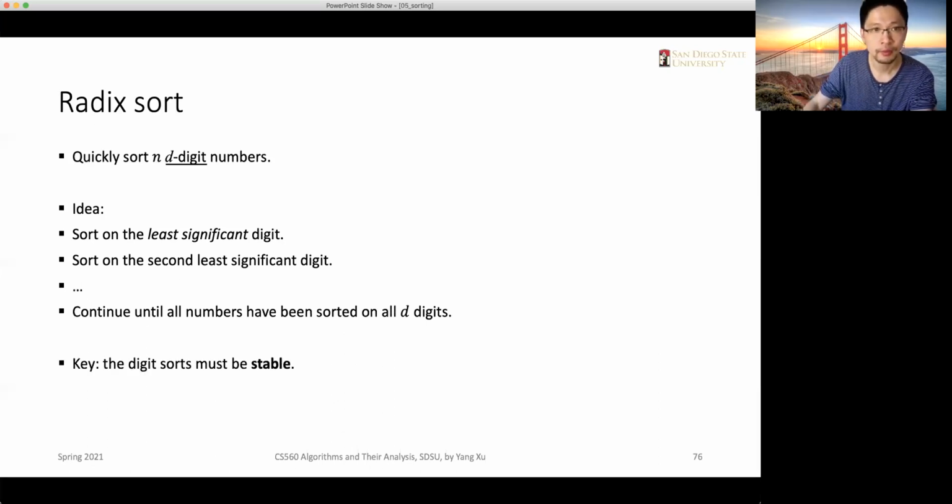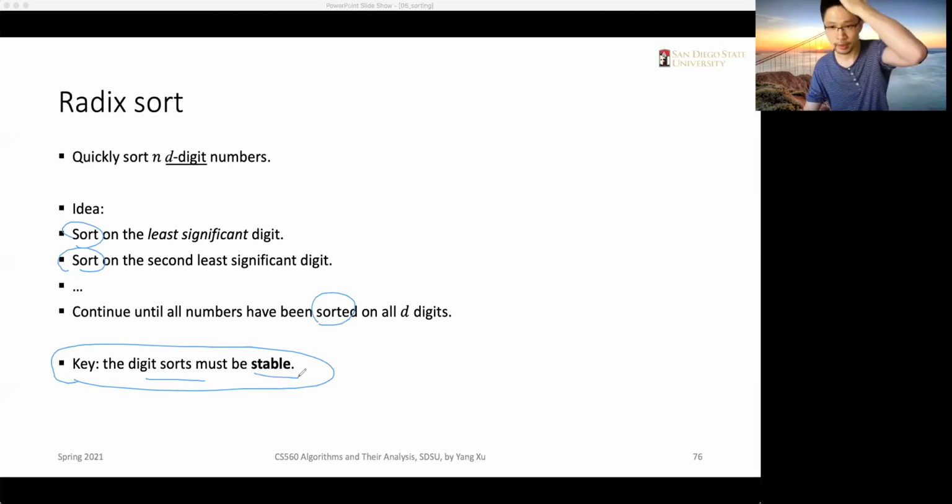Here we need to make sure that the sort we use at each digit step is a stable sorting algorithm, which preserves the relative order of the numbers that have the same values.